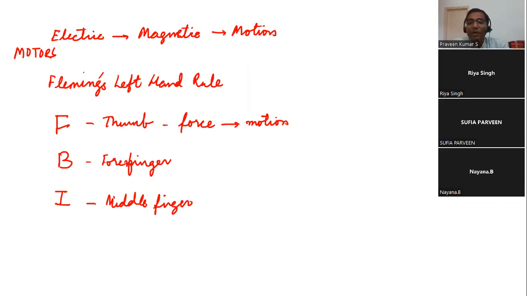So you might be wondering, how is it that an electric bike now has a reverse gear? What they have done is, in an electric motor, you send the current in the opposite direction, and it will start moving in the opposite direction immediately. So by using this Fleming's left hand rule, you can predict in which direction the motor is going to move. Okay, so I'll stop here.